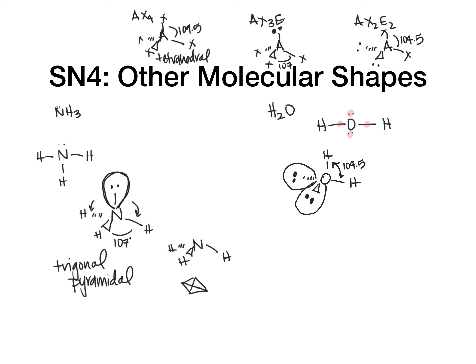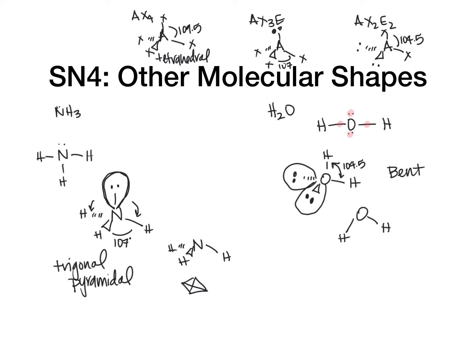So this structure's name is bent. Because if you only saw the oxygen and the hydrogens, what you would actually see is something that looks like this, which is more compacted than it would be if you only saw part of the tetrahedral molecule.